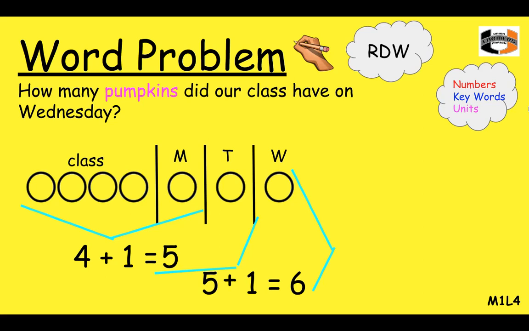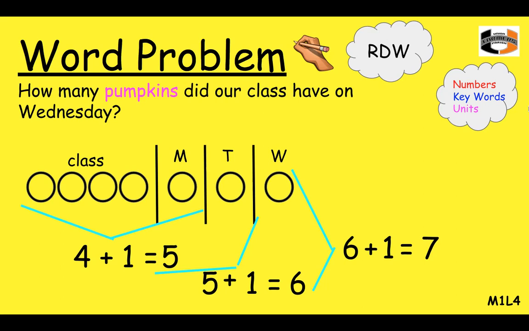Now, how many pumpkins did our class have on Wednesday? We're going to take that total from Tuesday and add one more. 6 plus 1 equals 7.